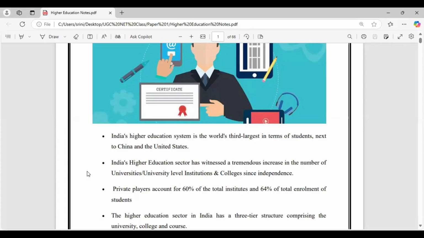We have to learn about the Vedas: Rig, Yajur, Sama, Atharvana Vedas, and the evolution of education from ancient education, and then pre-independence or British education, and then post-independence education, education policies, apex bodies like AICTE, UGC, universities, colleges, deemed universities, and then gross enrollment ratios.